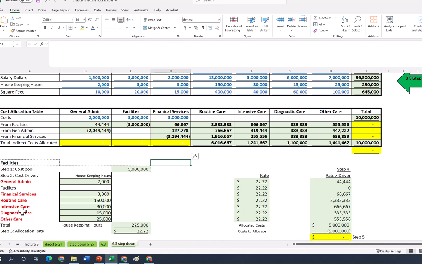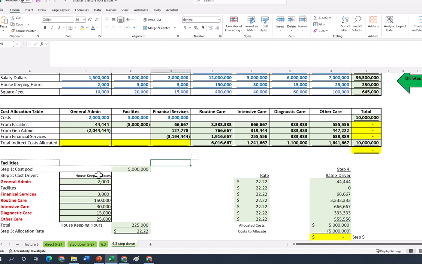Now what I did here on the left is I built a model that had all of the various departments because maybe somebody says, well, let's change it. Let's go general admin to finance to facilities, or let's go facilities to finance to general admin. So I've just laid out a model that can be adapted to any different scenario.